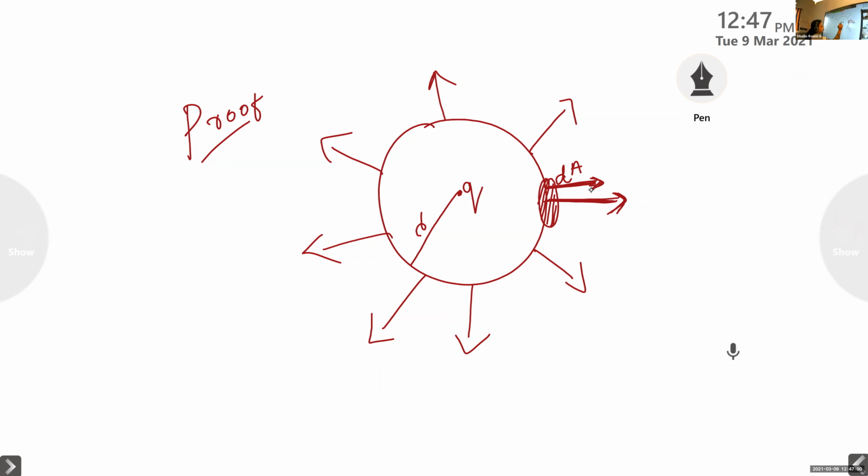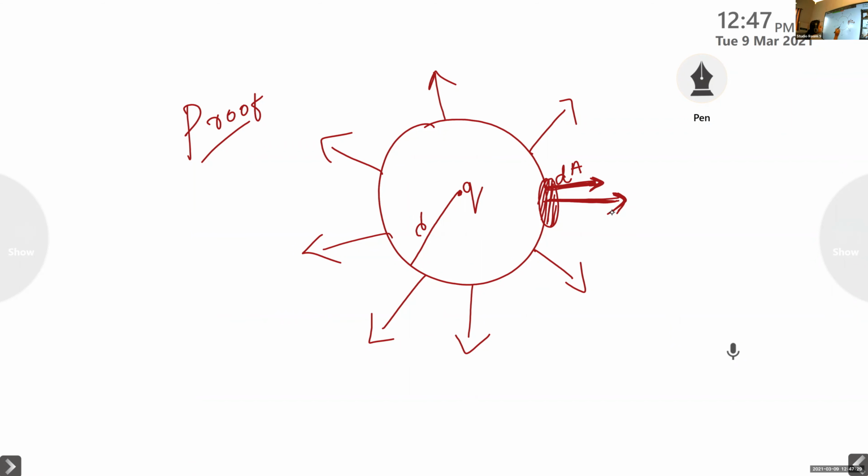When we place the charge at the center of the sphere, the electric field lines are radially outwards. Then we consider a small area on the spherical conductor. The direction of the area vector is always normal to the surface. Then we consider the direction of the electric field, and we observe that it is the same as the direction of the area vector.